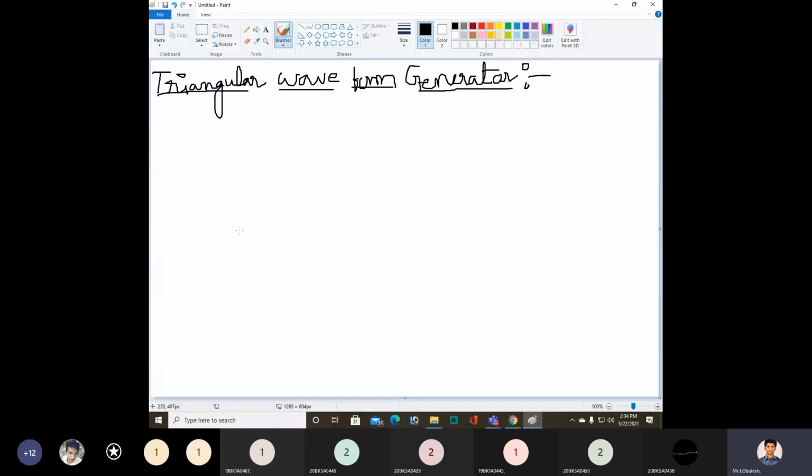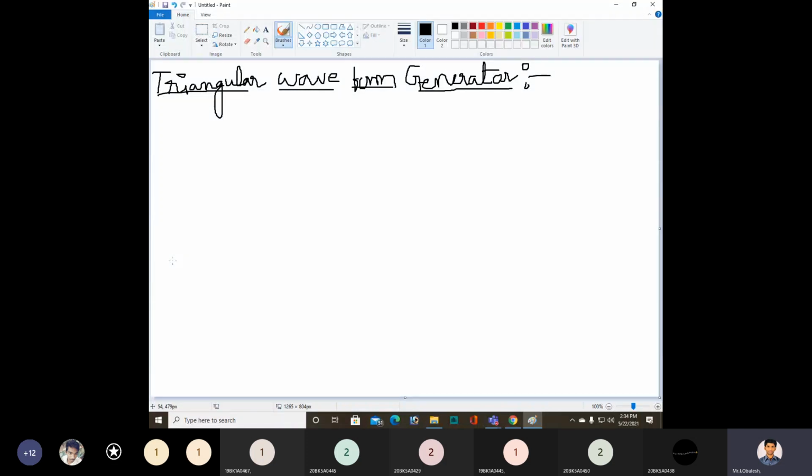See, a triangular waveform is generated by integrating a square waveform.